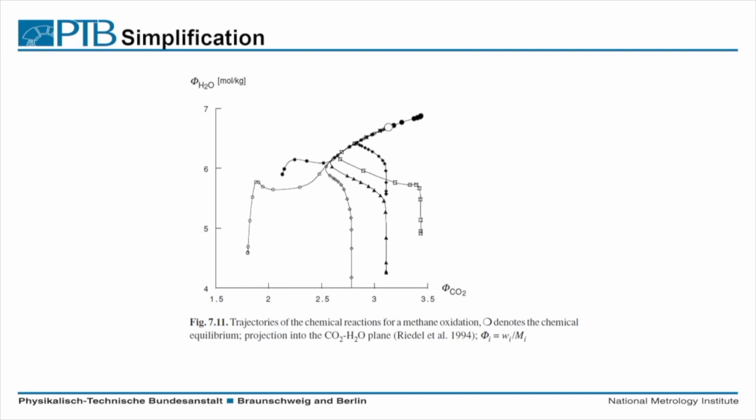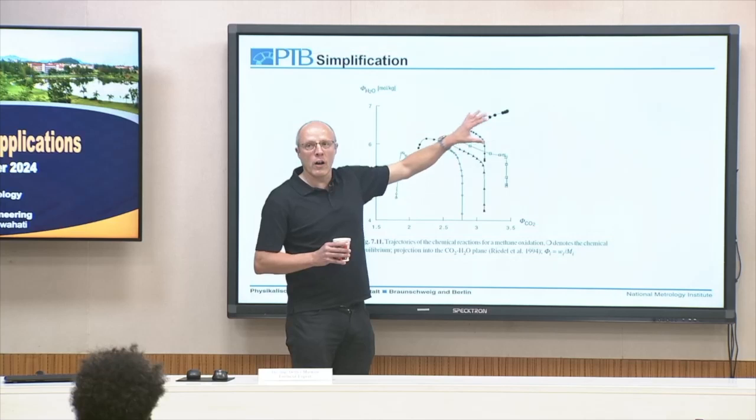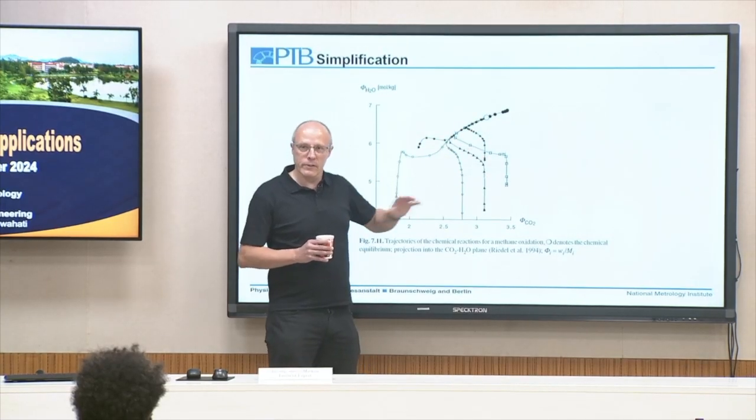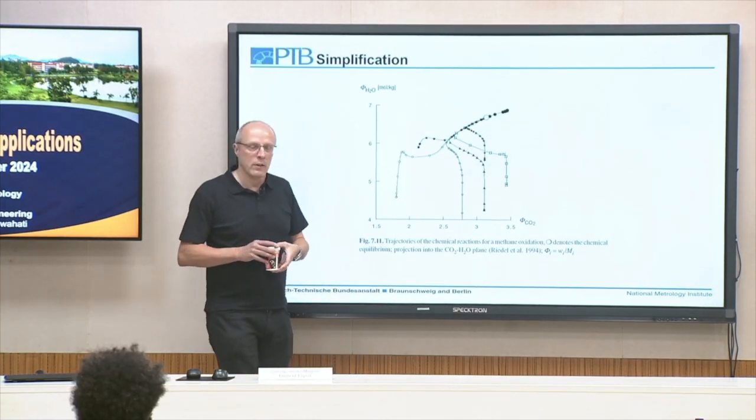So if we want to describe, for example, only the final value, we can use the assumption of an adiabatic flame temperature, for example, and then we get this value. We do not bother about how we come to this end. This is not what we are interested in.